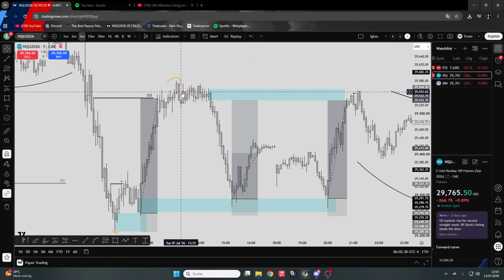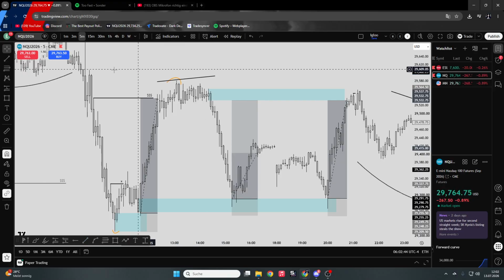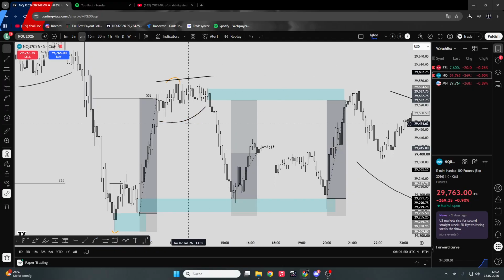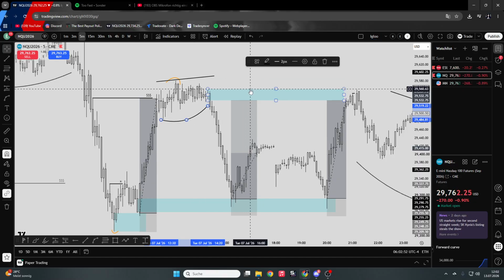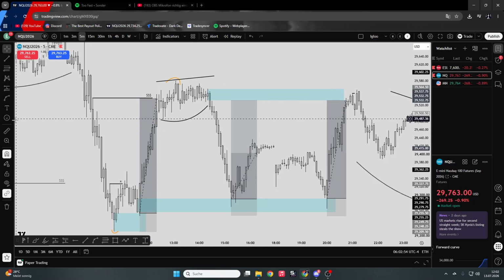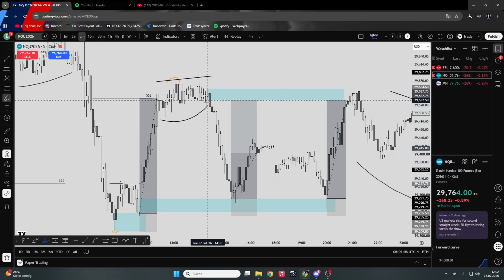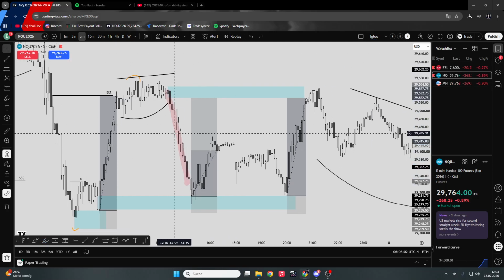As you can see, we also start to accumulate here again. So once again we have an AMD combined with our manipulation leg.